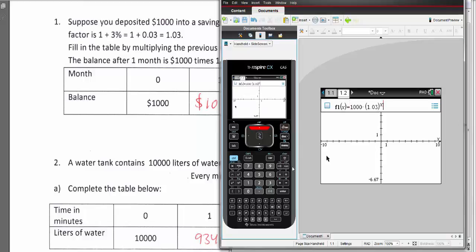So we can even draw a graph to see how the balance is changing over time. Go up here, press enter, and now nothing is happening, and then you wonder why. Well, remember, the first value is going to be 1000, so it's going to be very high up here.